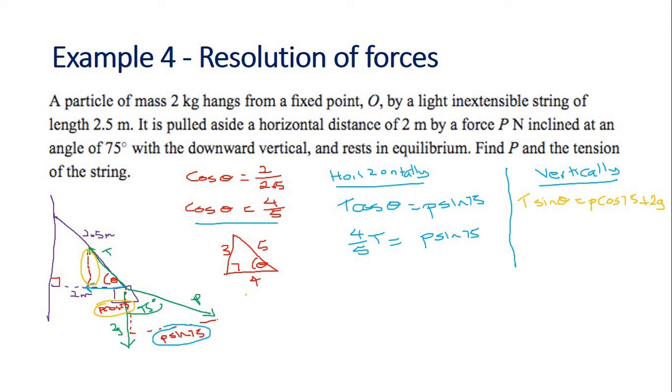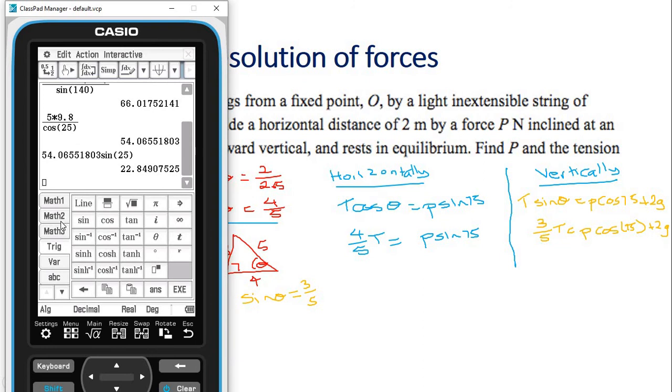From my triangle here, sine of theta equals opposite over hypotenuse. So I've got 3 over 5 T equals P cos 75 plus 2g. So we want to put it in our CAS to work out our values. We're going to have to solve simultaneously.